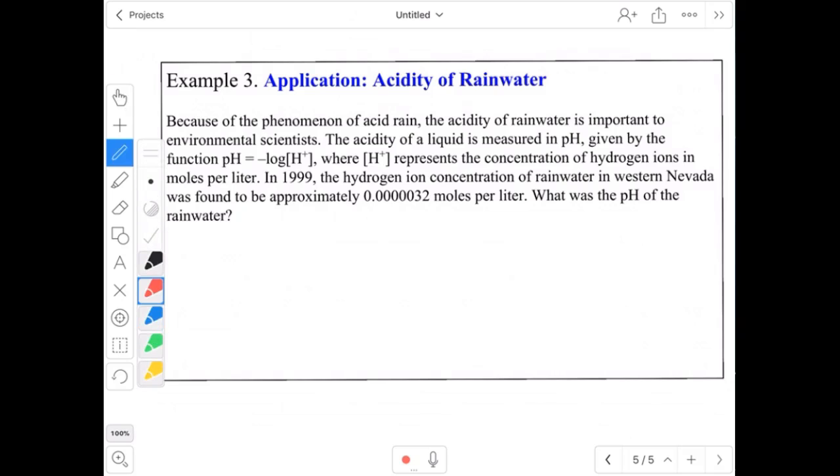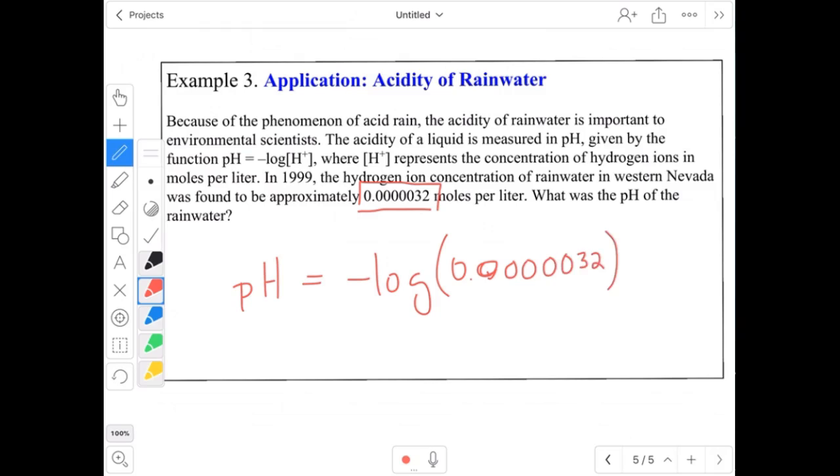This looks a lot harder than it actually is. This is our hydrogen ion concentration. All we have to do to figure out our pH is take the negative log of that monstrosity. And for that, I'm going to use a calculator.